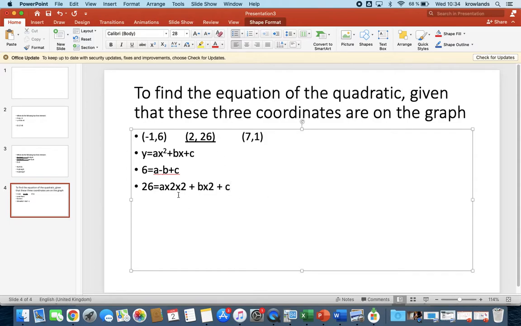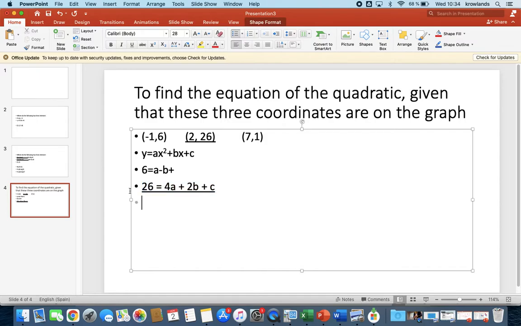I've done a longer working out method here because I thought it might be useful for you to see what's going through my head. So 2 times 2 is 4: 4a plus 2b plus c. That is our second equation, which links with the second coordinate, the underlined one.